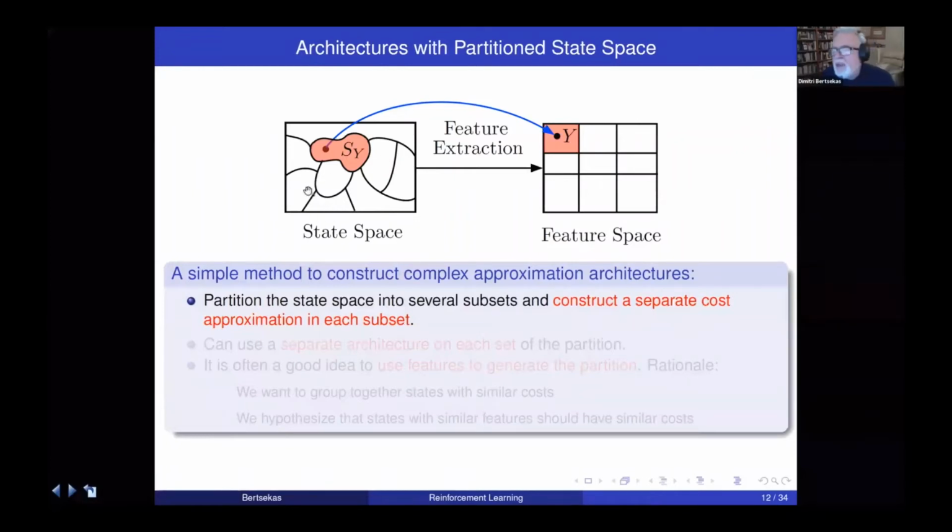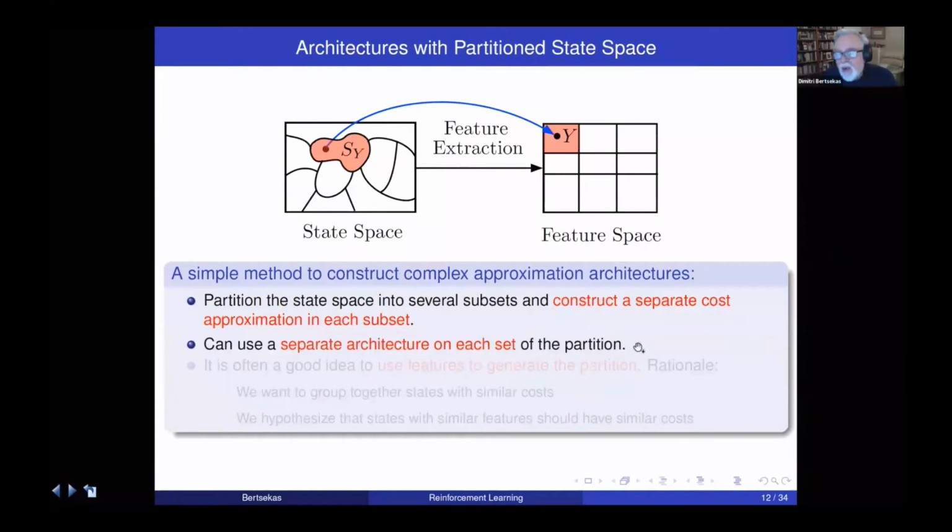So you may want to have a different architecture to represent the target function that matches its character. One possibility is to use a separate architecture on each set of the partition and do training on each set, perhaps with communication between different parts of the approximations. We're going to talk about things like that later.